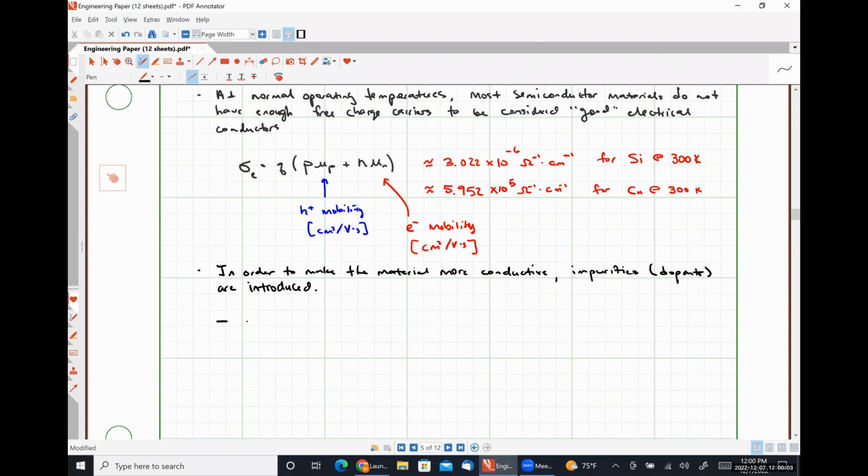So group 3 elements like boron and gallium, which we'll consider acceptor dopants, only have 3 valence electrons.